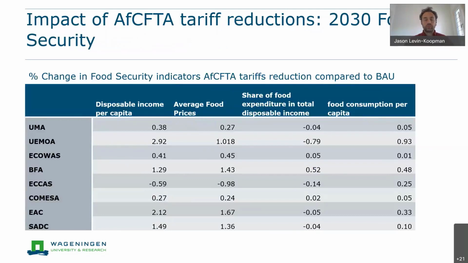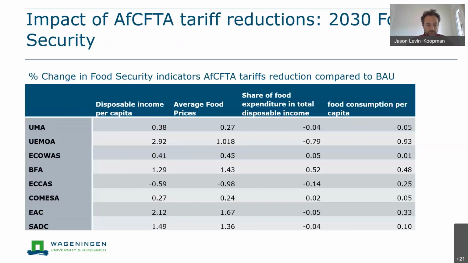So how does this tariff reduction then impact the same food security indicators? This is different for different regions. For all regions, starting at the column on the right, food consumption per capita increases.